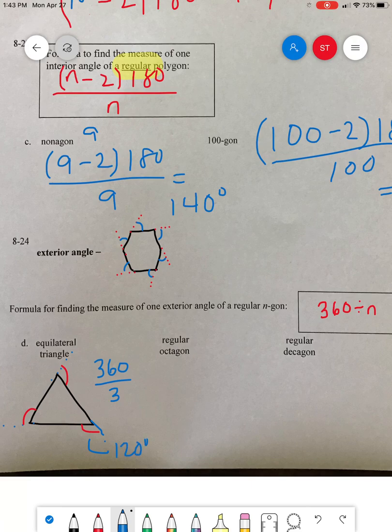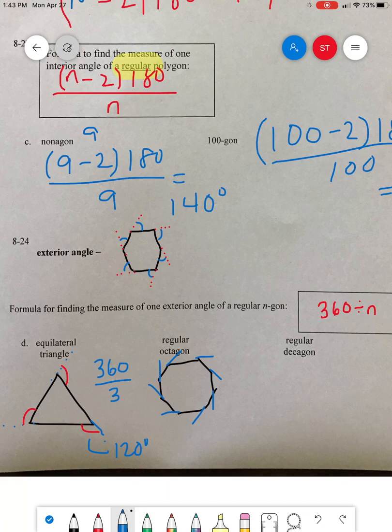How about a regular octagon? Let me just draw one more time because some of you might start drawing some conclusions here. That's not bad. Okay, if I extend these out, you'll notice the angles are getting smaller, but there's more of them.